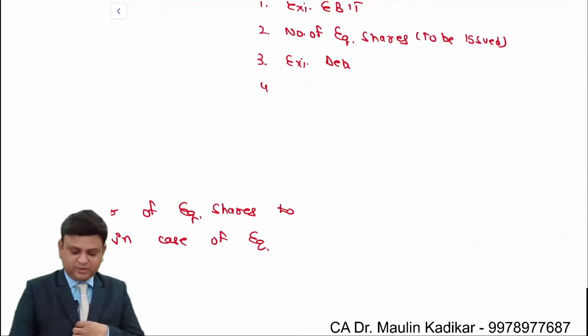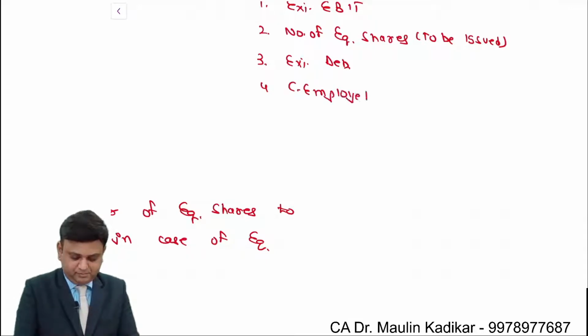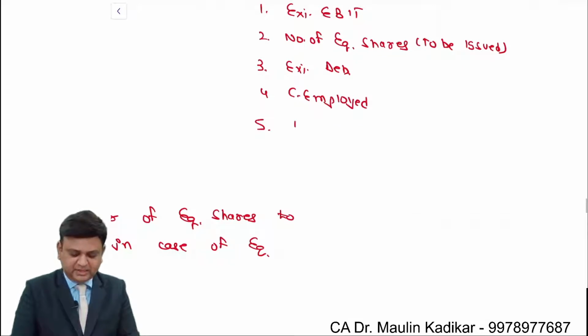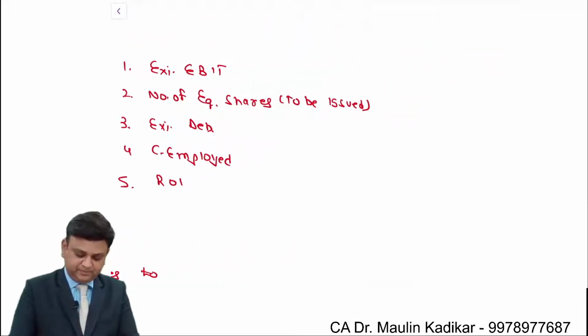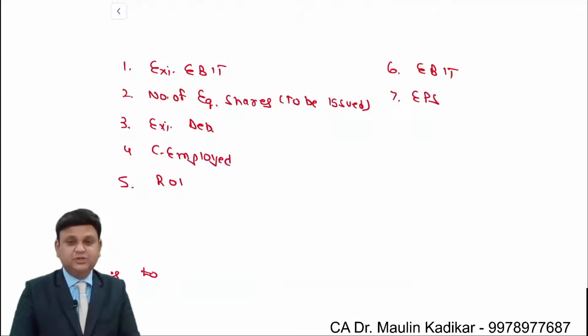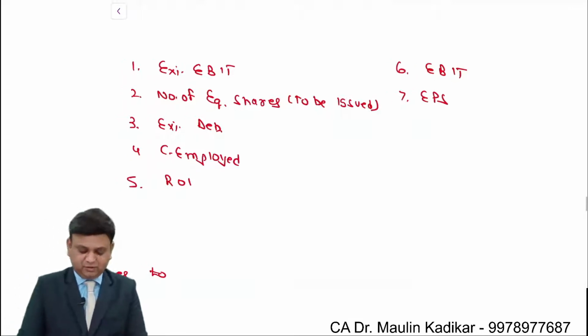Fourth, we made the computation of the capital employed. Then fifth, we found the return on investment or return on capital employed. Sixth, we made the calculation of the EBIT. Seventh, we made the calculation of EPS, and of course after that we took a decision.